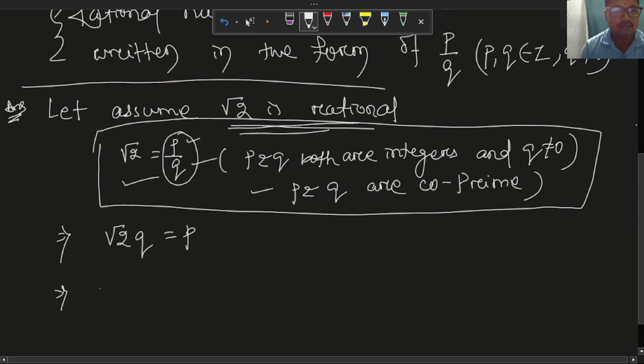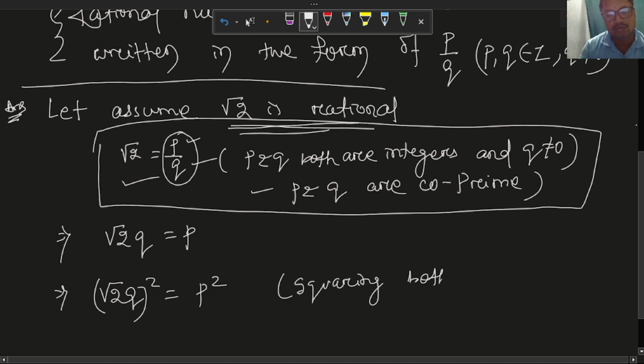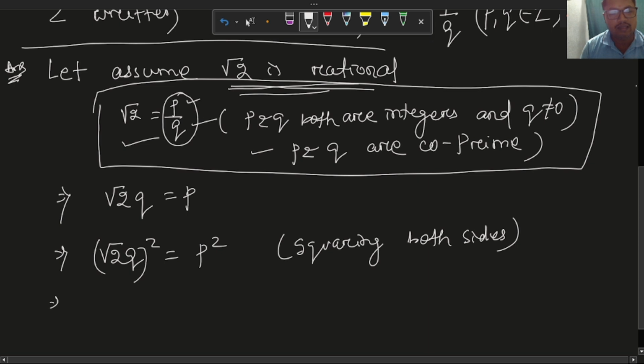That implies, by squaring both sides, 2q square equals p square. If 2q square equals p square, then I can write that p square is an even number.